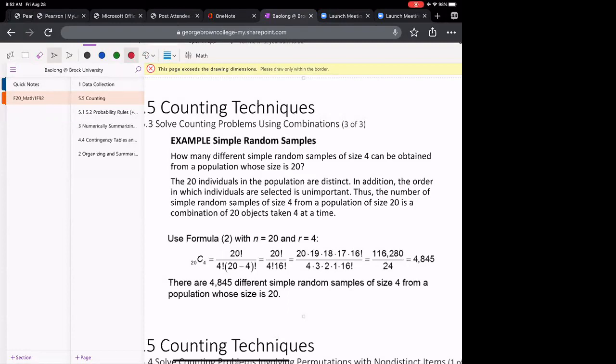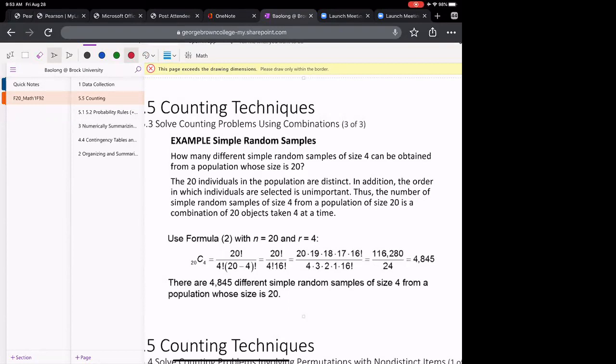So 20C4 equals 20 factorial divided by 4 factorial times (20 minus 4) factorial, and with a little calculation you come up with 4,845. Final answer: there are 4,845 different simple random samples of size 4 from a population whose size is 20.